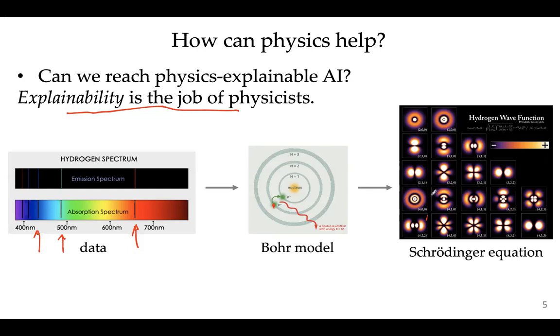They're sort of like clouds around the nucleus. The Schrödinger equation can explain all the states and all the fine details of the data. This is how physicists explain the data. So the question here is, can physics help machine learning in terms of explainability?